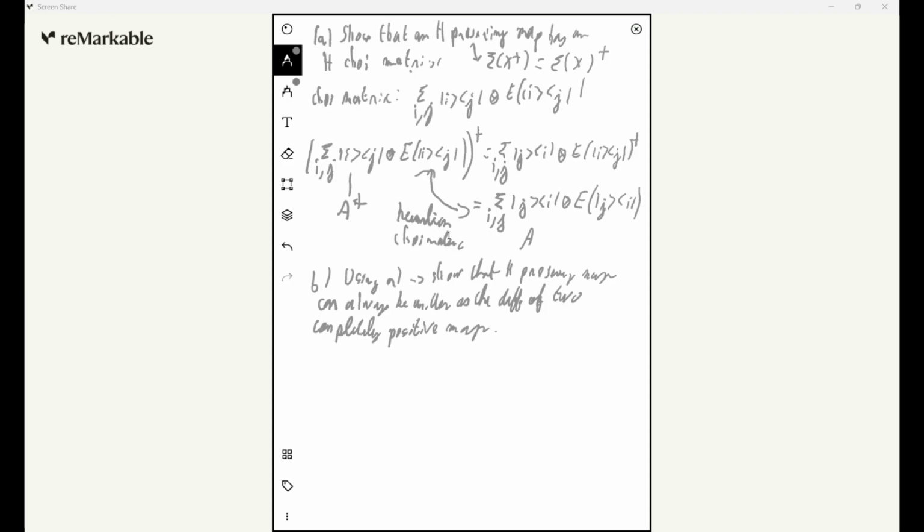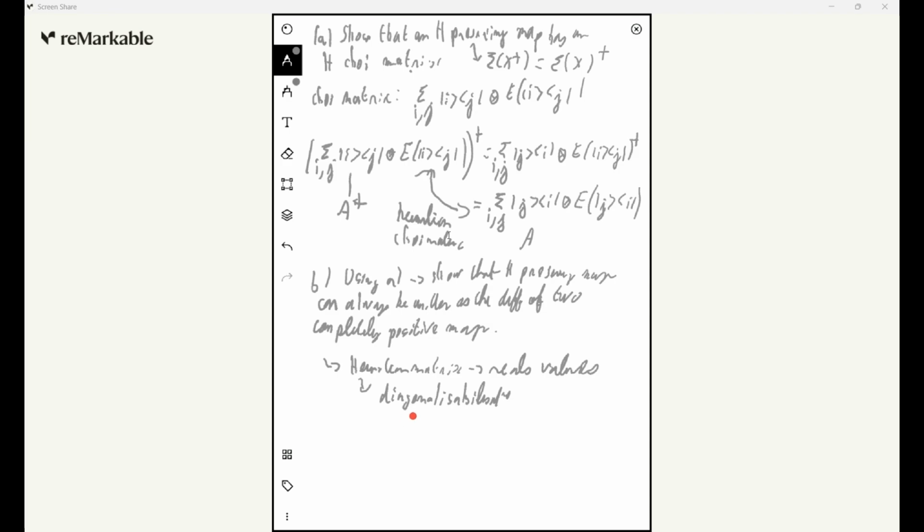So you need to know that a Hermitian matrix has always real values. So it means negative and positive. So it can always be diagonalizable. There's always a diagonalization.